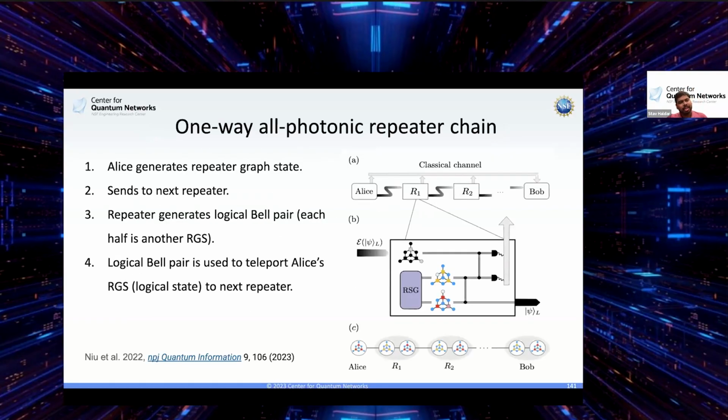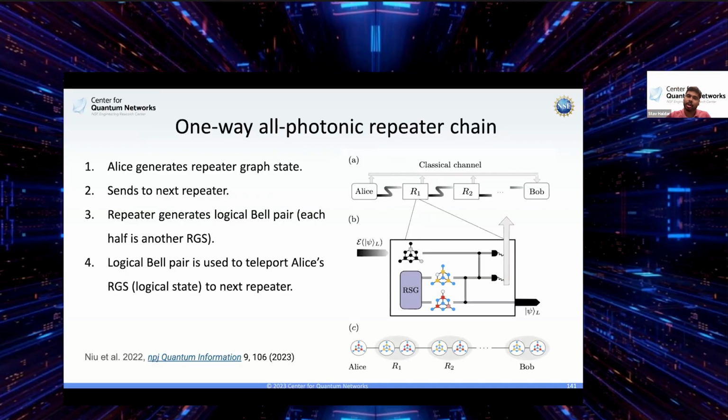All right. Some other schemes, there is this one-way all-photonic repeater chain scheme as well. Prateek already discussed a matter-based analog of this, so I will not focus too much on it. You can generate this repeater graph state and then keep teleporting it forward. So you have only one-way classical communication.